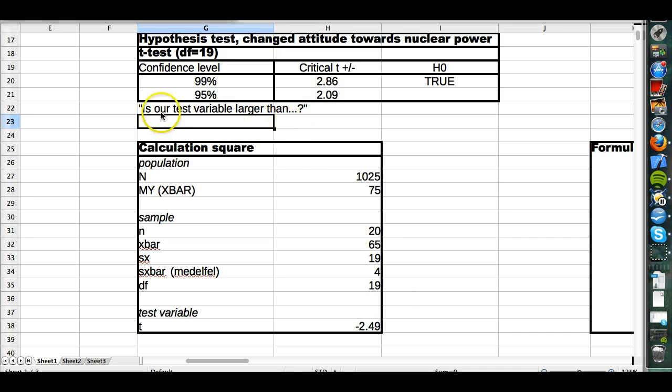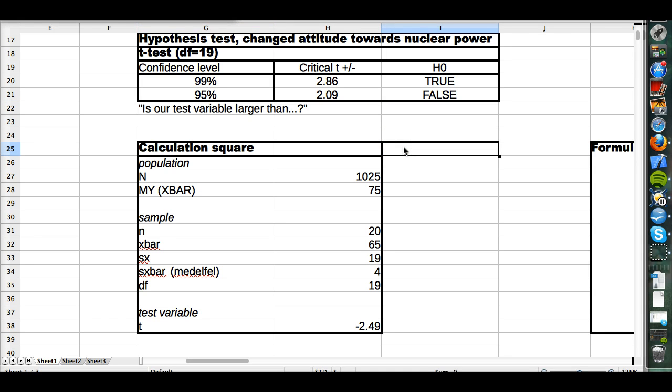So we ask ourselves, is our test variable larger than 2.09? 2.49 is larger than 2.09. Yes, it is. So we can refute our null hypothesis and say that there has been a statistically significant change in the attitude towards nuclear power in this village based on a 95% confidence level.